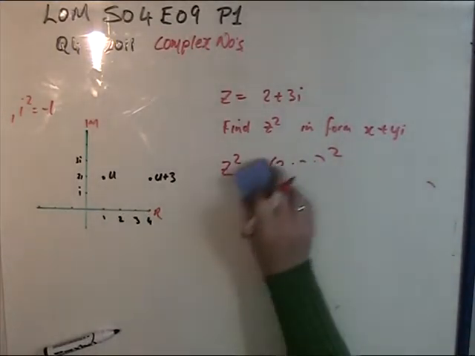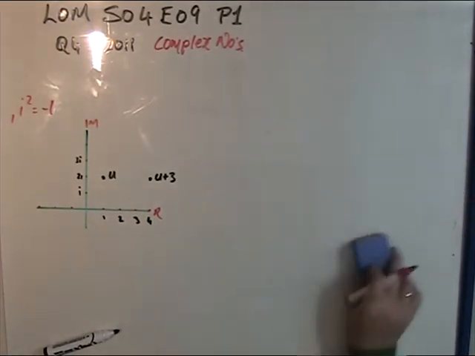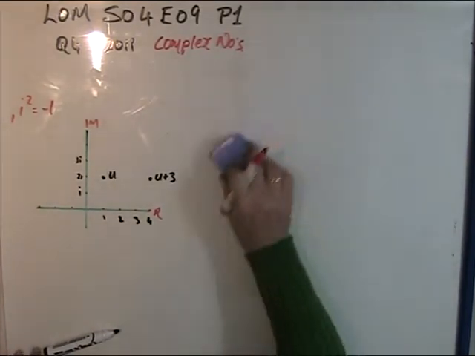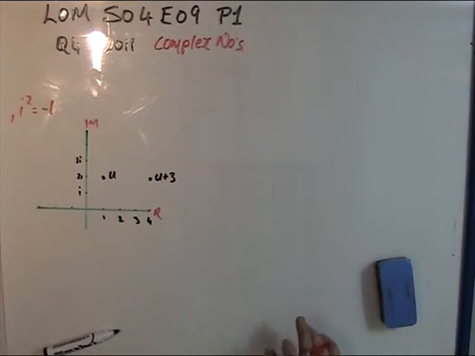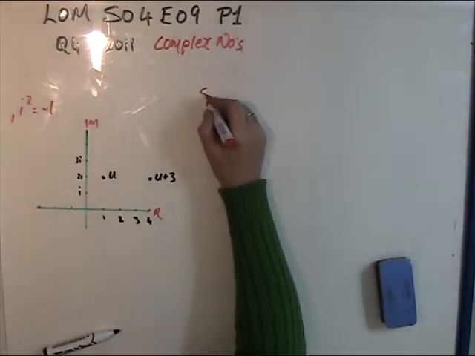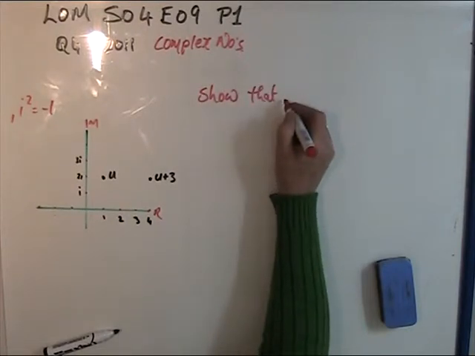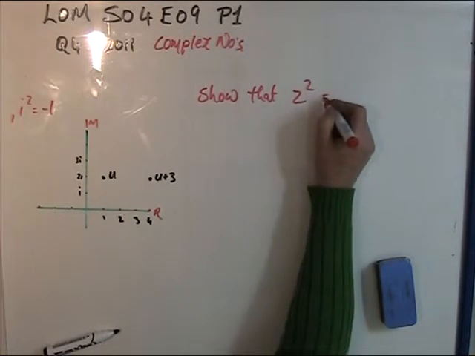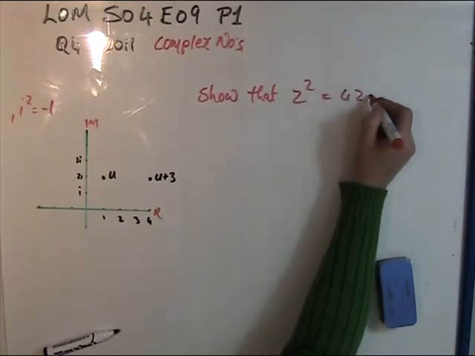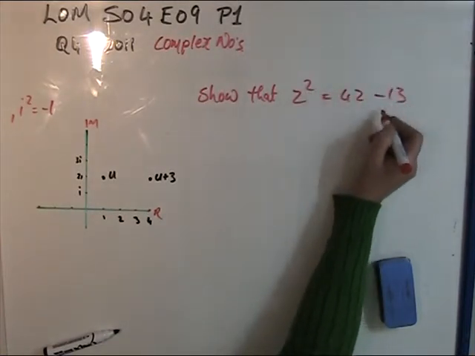Moving on. Okay, so that's that part B done. Okay, so it's continuing on, and it says show that z squared is equal to 4z minus 13.